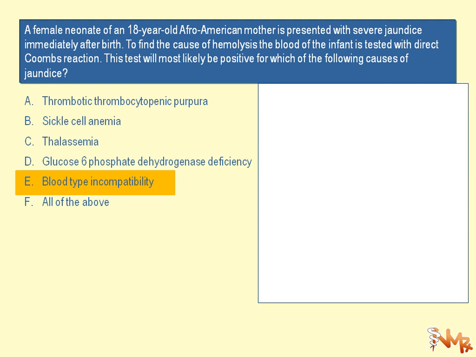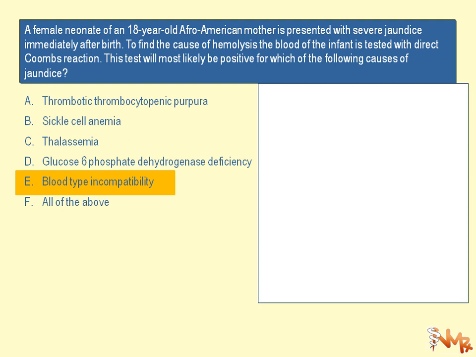The reason I presented the question this way is because I want you to remember two important facts. One is that blood type incompatibility is where you're going to apply the Coombs reaction. And secondly, as you're going to see shortly, this type of blood type incompatibility actually is less common in Afro-Americans.